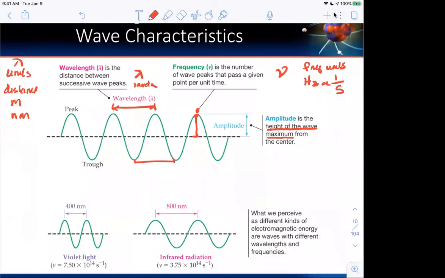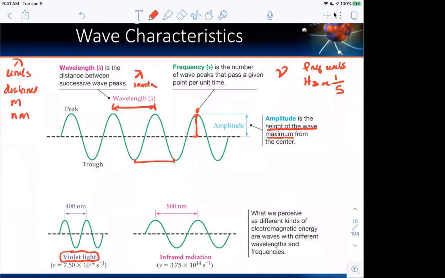So our visible light, for example, violet light, if I see something that has a wavelength of 400 nanometers and a frequency of 7.5 times 10 to the 14th seconds reciprocal, 1/seconds or hertz, that violet light in that visible light spectrum has this characteristic wavelength and frequency.